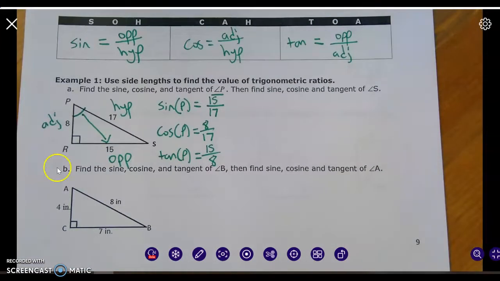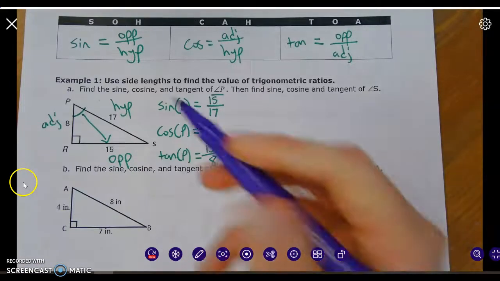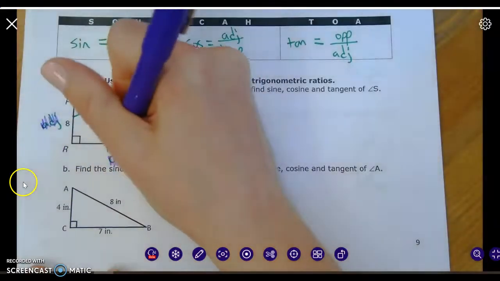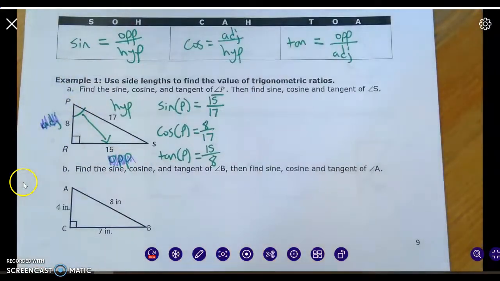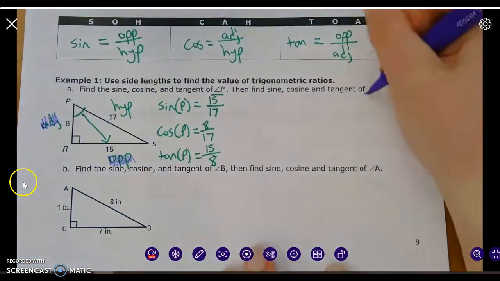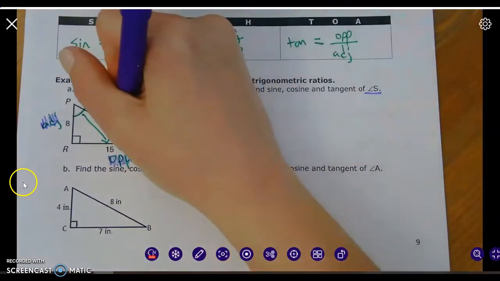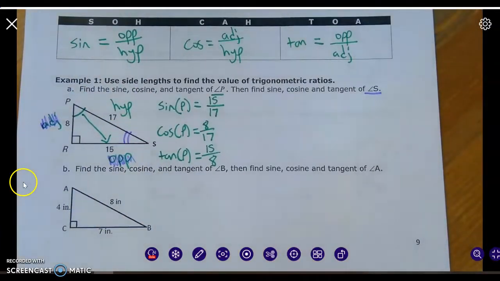Okay, what questions do you guys have? You good on that one? Now go ahead and either erase or cross out your labels, except the hypotenuse label, because we're going to repeat that process now for angle S. So I now need to put my arc on S, which is going to change my labels.